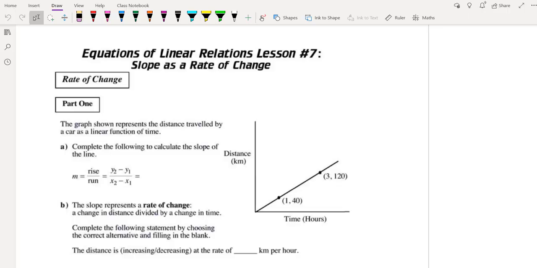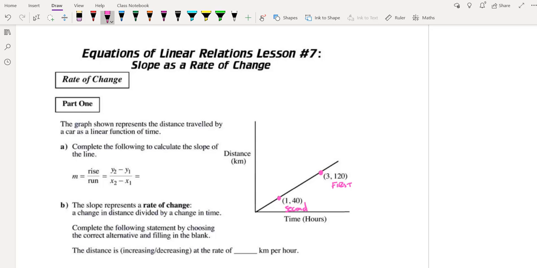All right, let's start off with a question here and let's find out what is the slope of this line. We're given 2 points, right? And we'll call this one our first point, this one our second point, and we'll calculate the slope of this line using rise over run, which is y2 minus y1 divided by x2 minus x1.